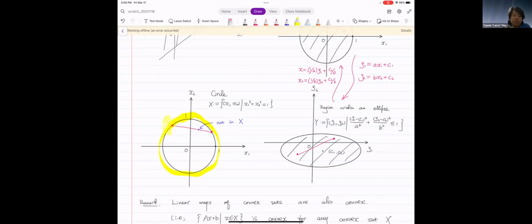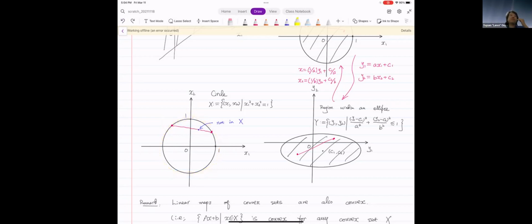The reason is because I choose any 2 points in the circle, as long as the 2 points are distinct, connect a line segment, well, then other than the 2 points, any other points on the line segment are not going to be on the circle. And therefore, circle is an example of a non-convex set, just for this obvious reason.